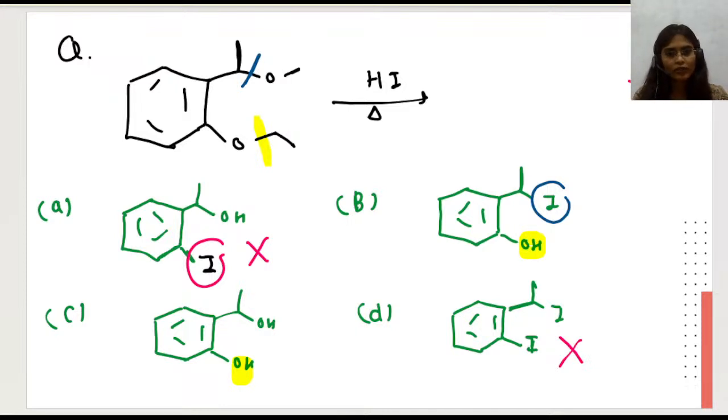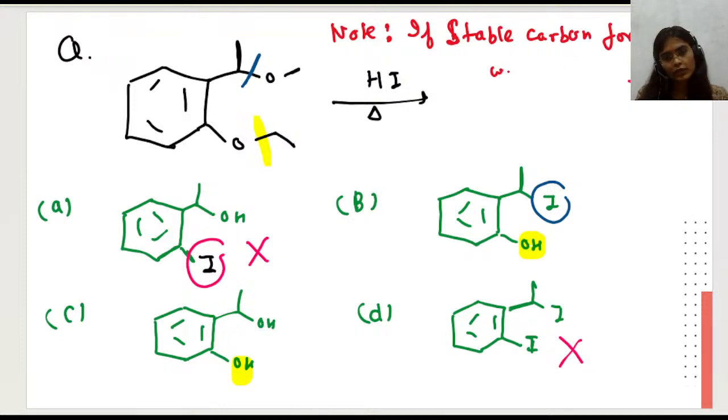This is an important point here. First of all, write a note at the very top. Although in this section we are going to follow the SN2 mechanism, if a stable carbocation forms, we can go with SN1.